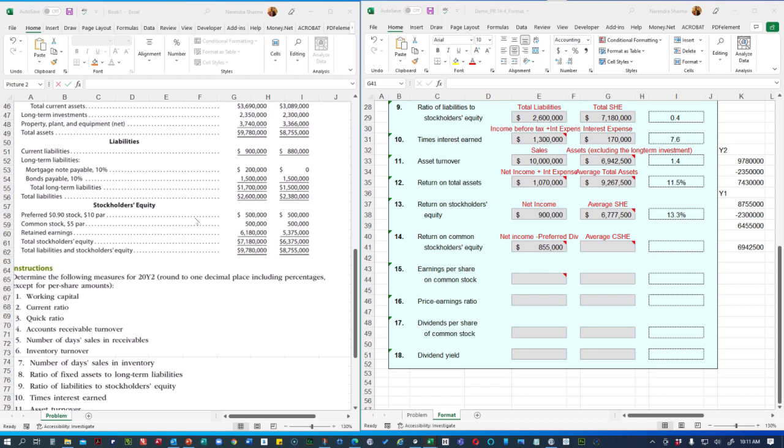Please remember, common stockholders equity does not include the preferred stock. There are two ways of going about it: either add the common stock and retained earnings, or take the total stockholders equity and subtract the preferred stock. Whichever way you want to do it, it's okay. In this case, we'll be better off adding the common stock and retained earnings, because the common stock is a round figure, so that will be helpful.